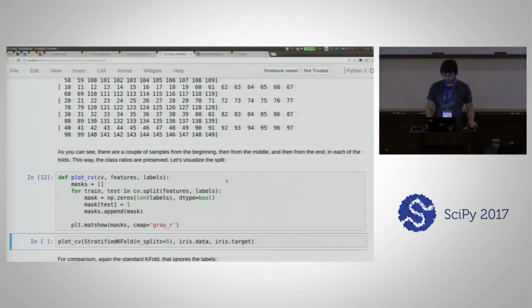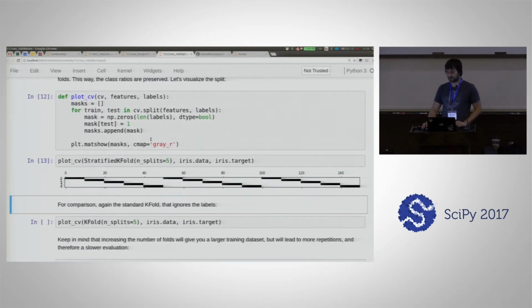It's maybe easier to look at this as a mask, which is how the test mask looks on the iris data set. The point is that the classes are sorted. This corresponds to the first class, this to the second class, and this to the third class. And in each fold, you want to have a little bit of each of them.